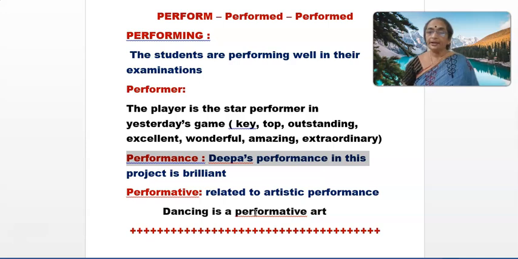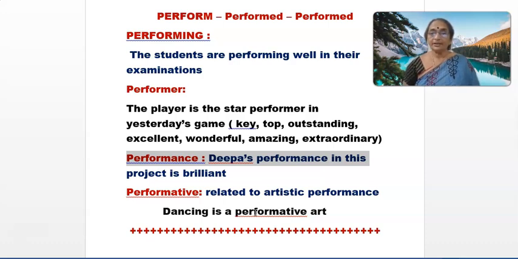It means it could be exhibited, it could be presented. Not everything can be presented. Singing can be presented. Singing is also a performative art. Dancing is also a performative art. Something the audience could see, could watch. The audience could watch the dance. The audience could watch the singing.